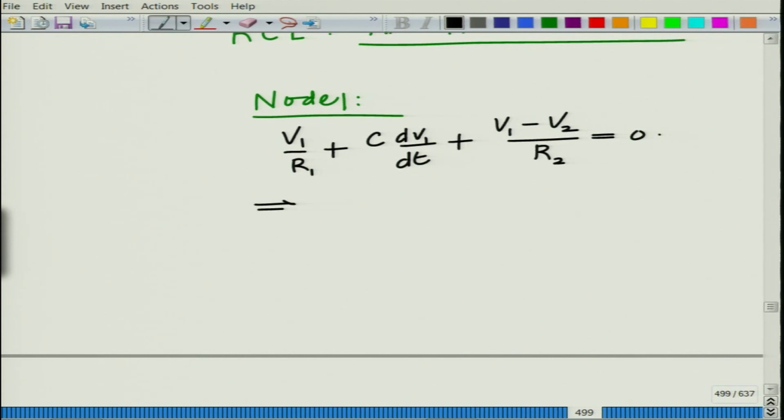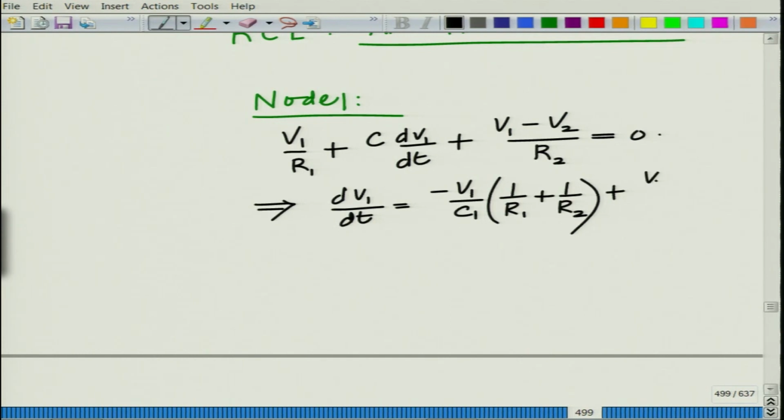Which implies that dV1 by dt equals minus V1 by C1 times 1 by R1 plus 1 by R2, plus V2 by C1 R2.